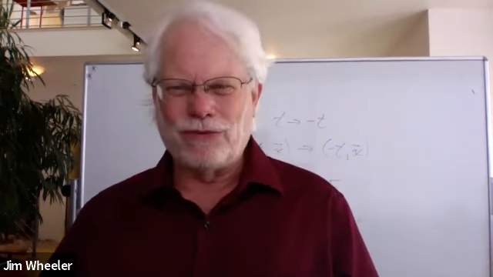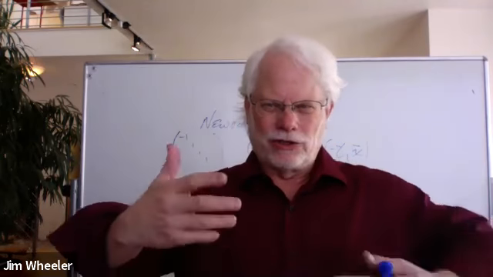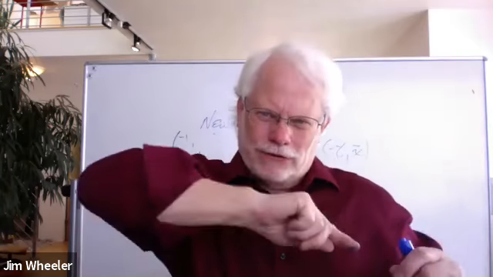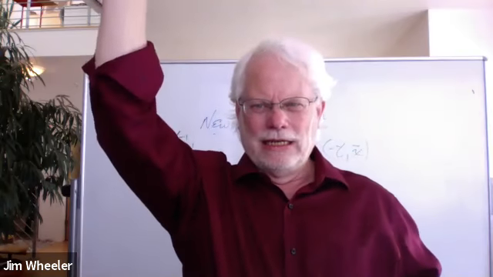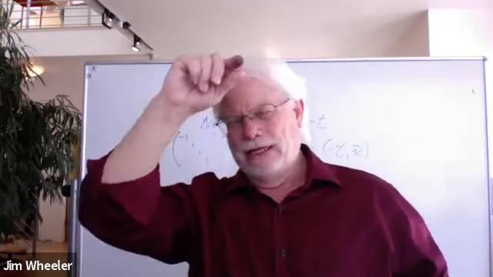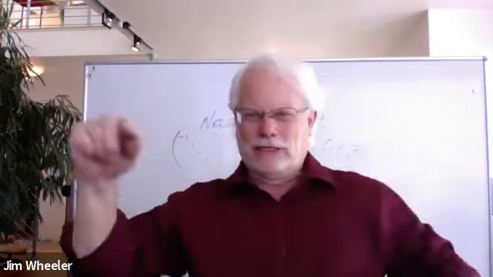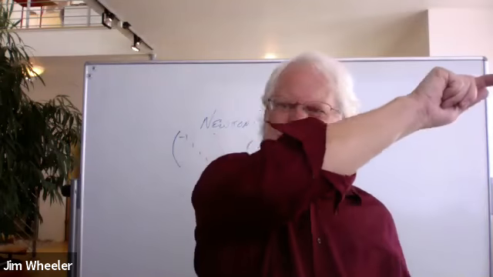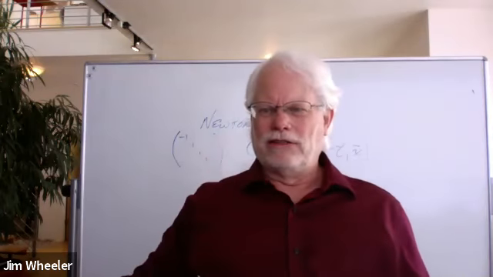I toyed around with several different ways to think about time reversal, like interchanging the past and future light cones. But if you've got a path that goes like this, then the time reverse path is going to start over here and track down this way.